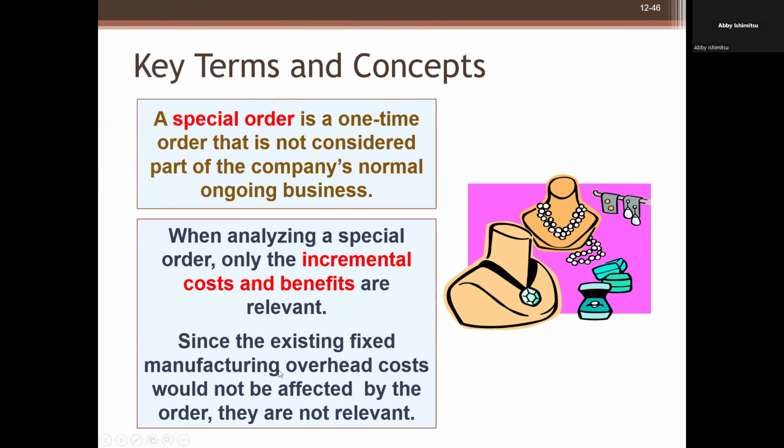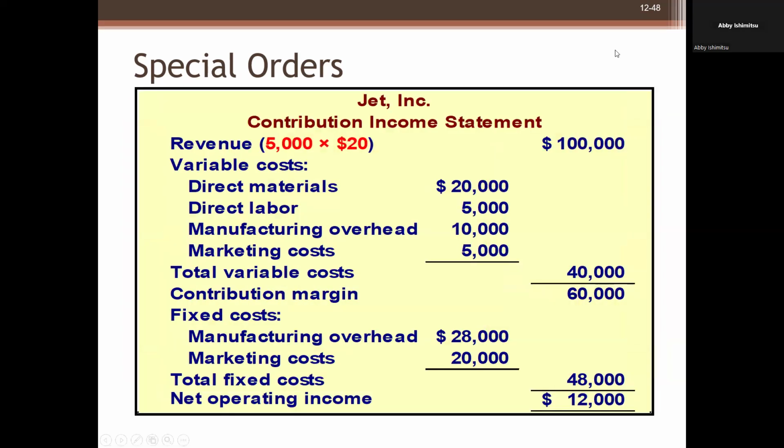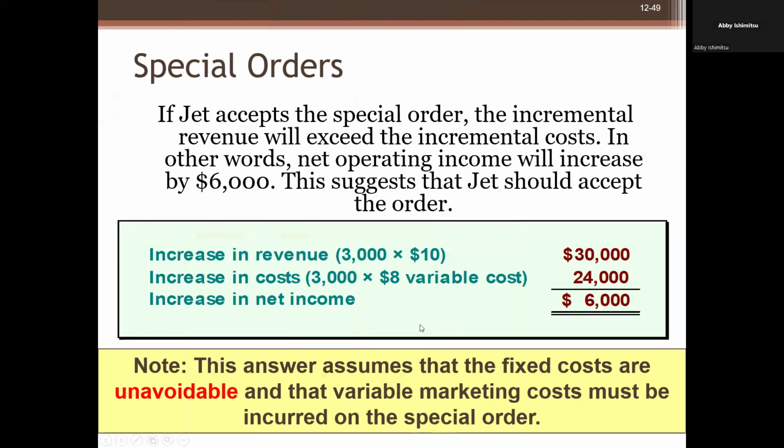All right. So you have to look at the incremental costs and benefits, just like we've been doing. So that's what's happening. I'm sorry, I got the dollars wrong. We normally sell for 20. The special order, they're offering 10, but we have the capacity, so why not? And so again, this gets pretty tricky as to whether that makes sense.